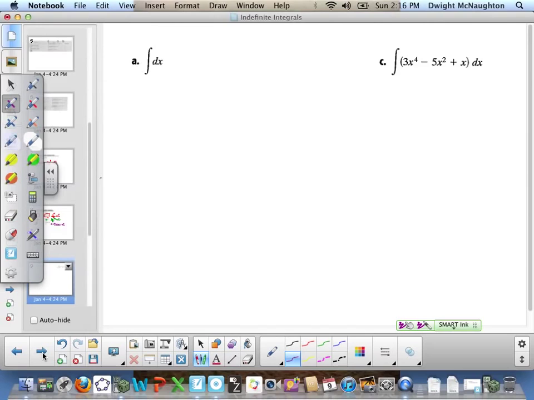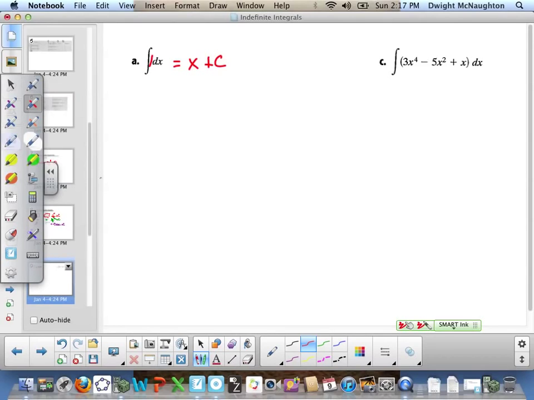What's the antiderivative of dx? Well, the number hidden there is 1. Antiderivative of 1 dx. What has a constant as a derivative? x does. This would be x plus c.